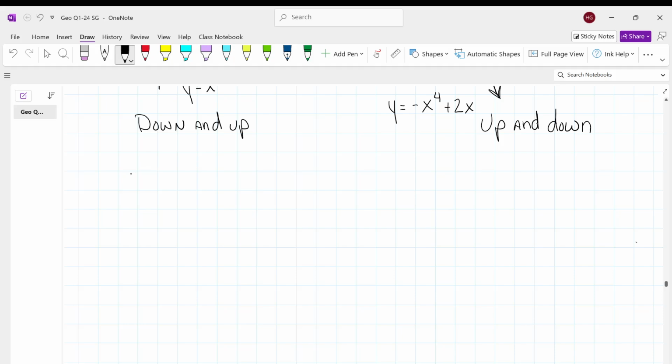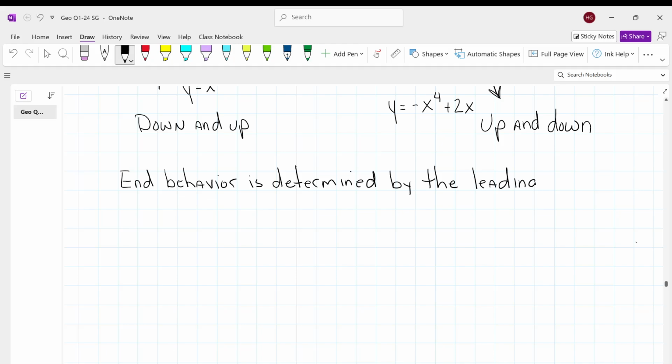So end behavior is determined by the leading coefficient in standard form.